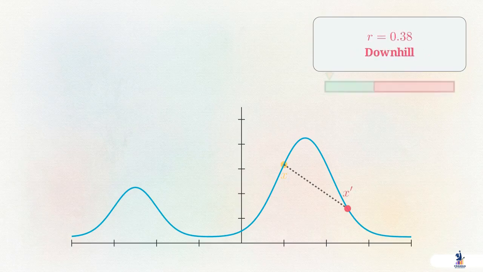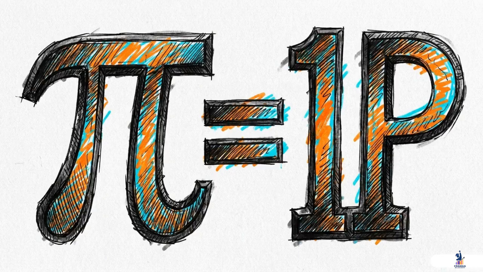The rule is strict. If the proposed move goes uphill into a zone of higher probability density, the ratio is greater than 1, and the algorithm automatically accepts the move. If the proposed move goes downhill, it is only accepted with a probability exactly equal to that ratio. This allows the chain to occasionally explore low probability valleys without getting trapped in a local peak.